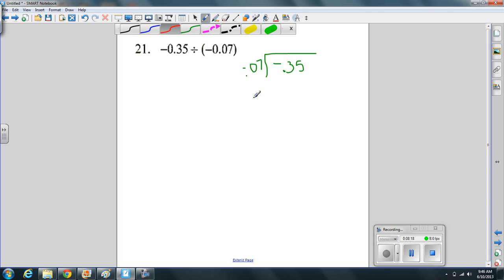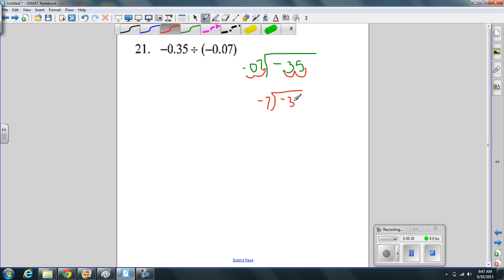Okay, now before we divide, we have to move this decimal point to make this either a whole number or an integer. So I went 2 places right, so I moved this decimal 2 places right. So I really have negative 35 is being divided by negative 7.